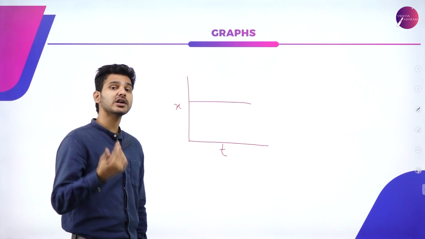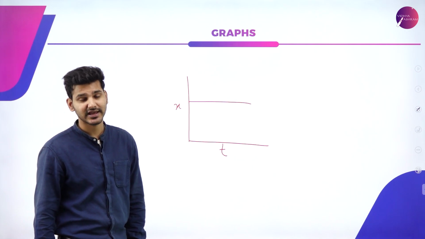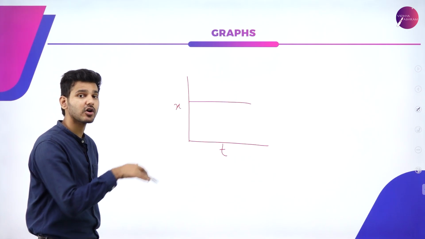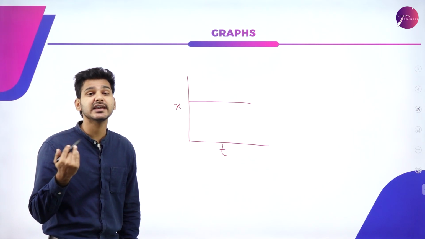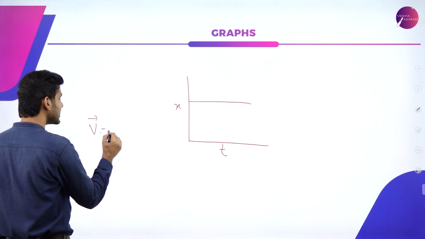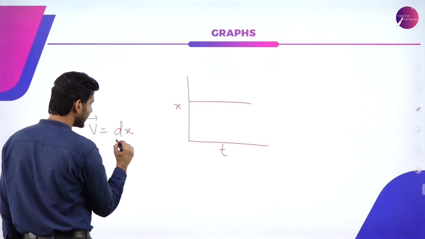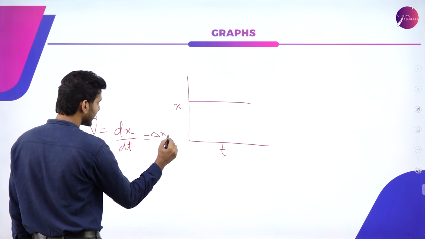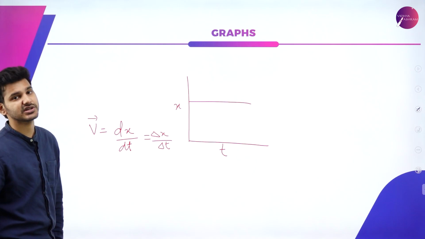Because we can use one graph in order to find out the very next quantity we are looking for. That is, if I have a position time graph and the value is like this, it is a constant graph, and someone asks me what is the velocity, I can clearly say that it is 0, because velocity v is equal to the rate of change of displacement, that is dx by dt, or simply we can say del x by del t, change in displacement by change in time.